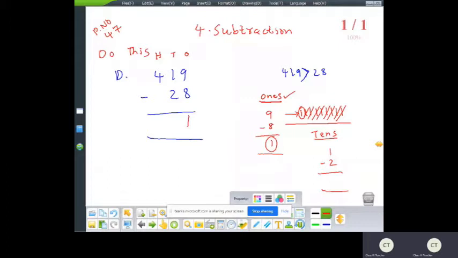We cannot take 2 from 1. In this case we use borrow. Borrow means take 1 ten from the beside number. 1 ten is equal to 10 ones, so 10 and 1 makes 11.